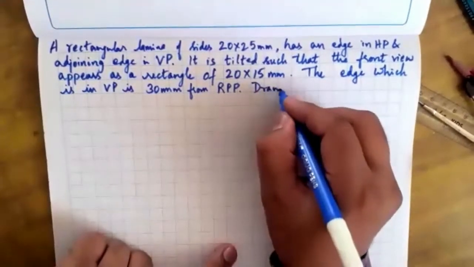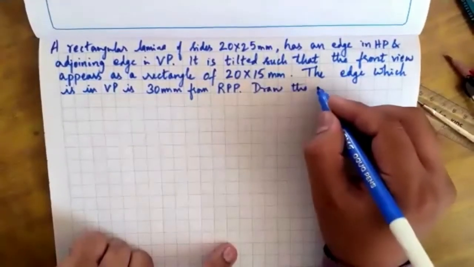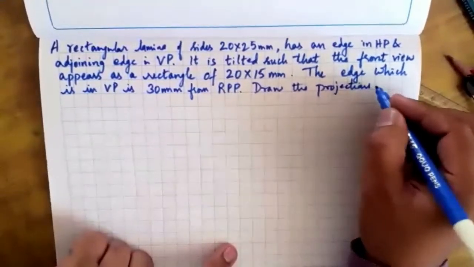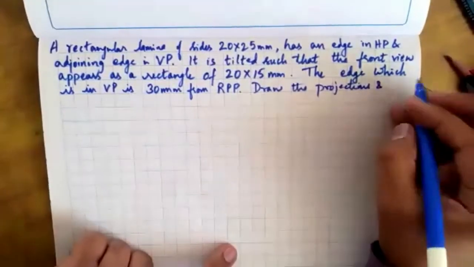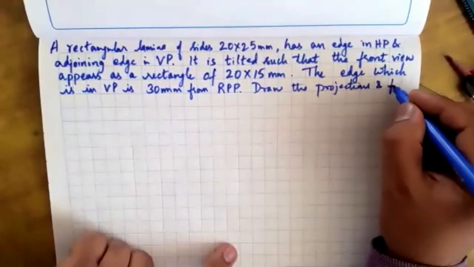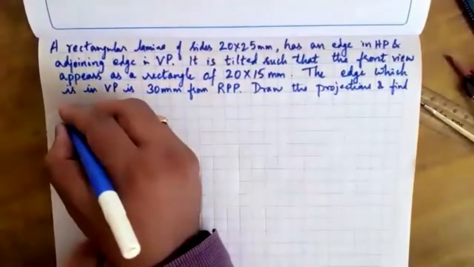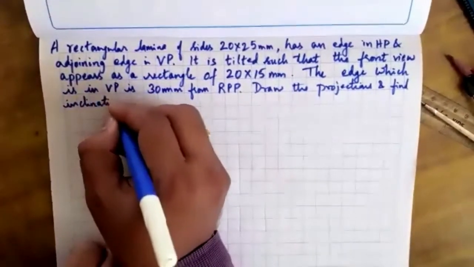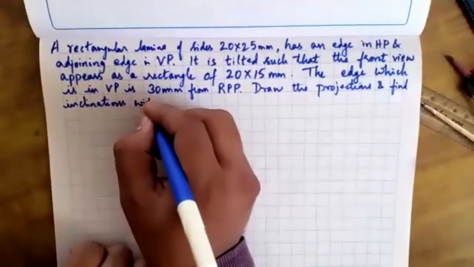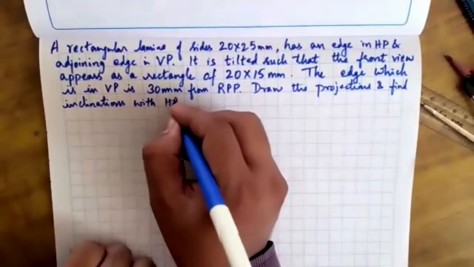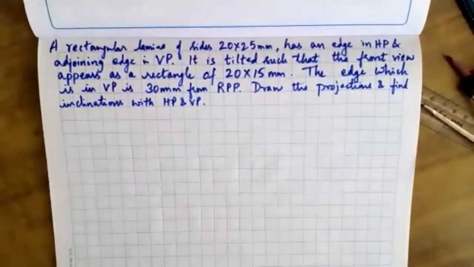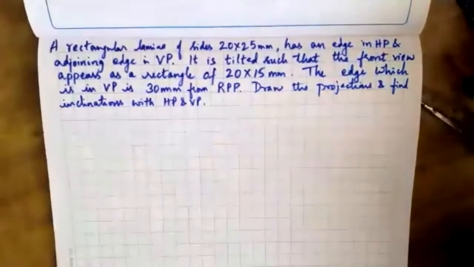Draw the projections and find the inclinations with HP and VP, or the principal planes of projections, the corresponding principal planes.